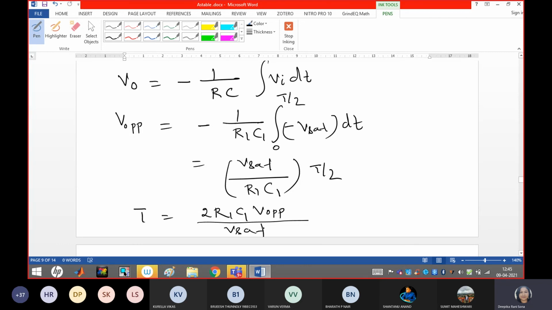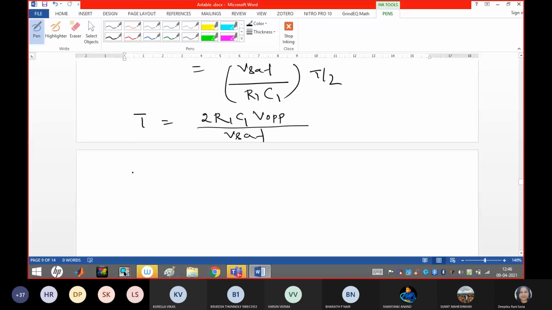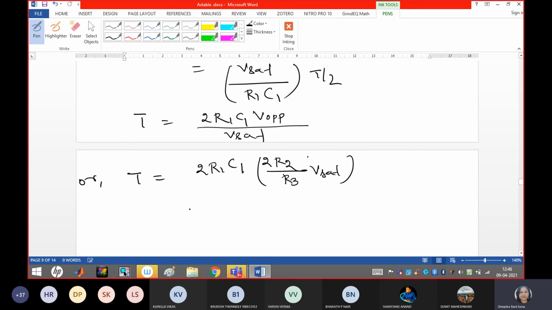If you apply the value of V output peak to peak, the new equation for the time period is T equal to 2 of R1 C1 and 2 R2 by R3 into V set, because this is the value of V output peak to peak whole divided by V set. Now the entire equation will become 4 R1 C1 and R2 whole divided by R3.